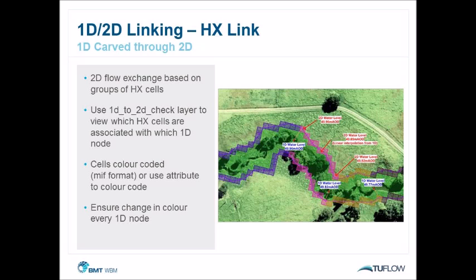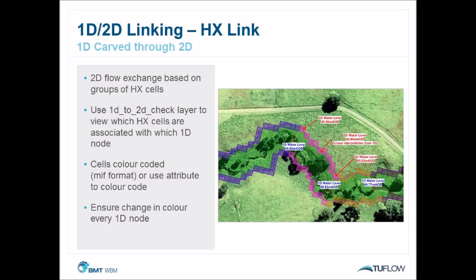If not, there are attributes that you can use to thematically map these colored cells. For example, those pink HX cells in the middle will be associated with the node that goes from the 49.96 level to the 49.82 level. And so the flow that goes across those pink cells is what is taken in and out of that unit.